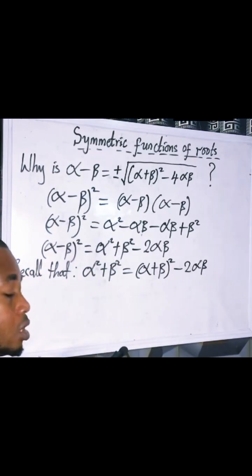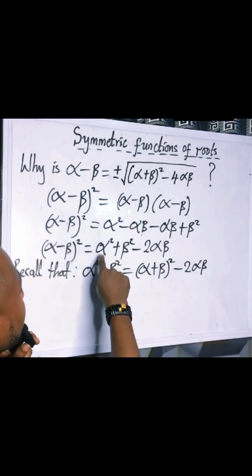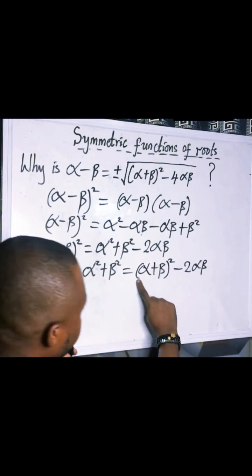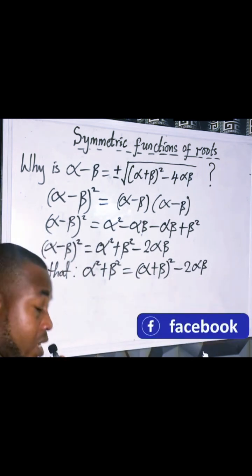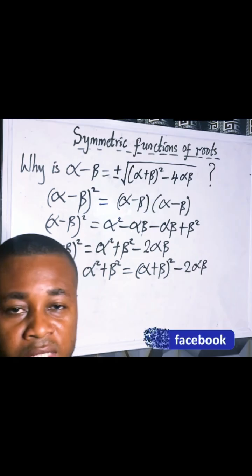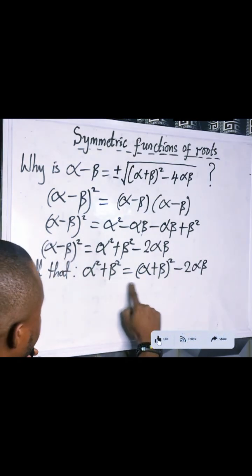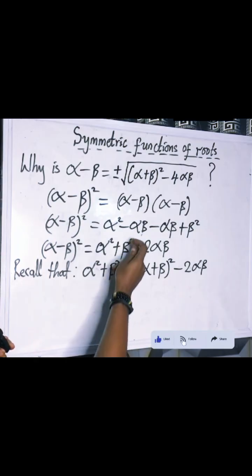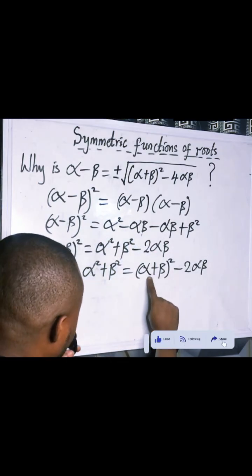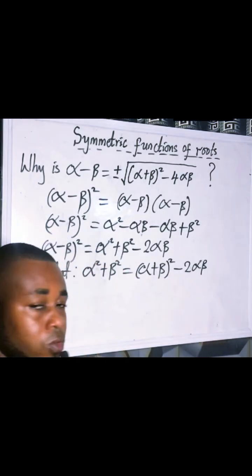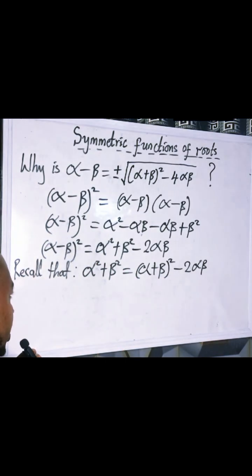Whenever you come across alpha squared plus beta squared, this is the identity it gives us. All you need to do is substitute this into the equation. With that, we are good to go.